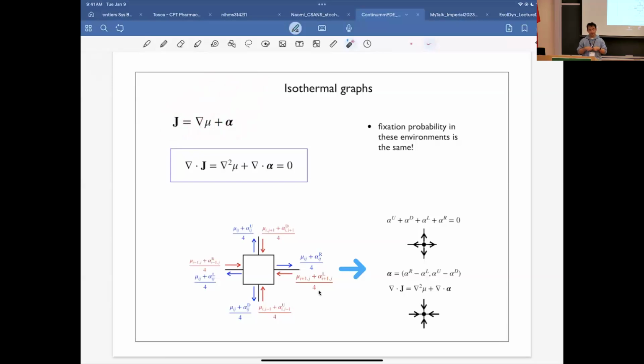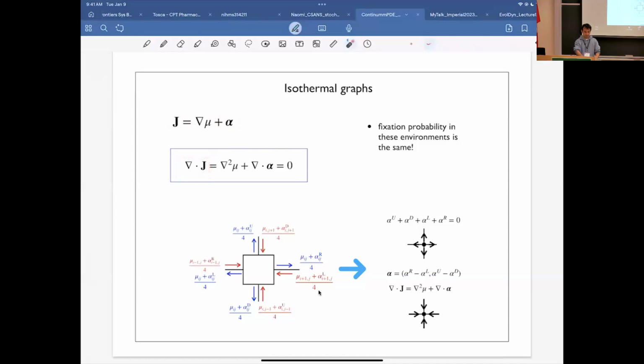At location X, mu of X tells me I'm going to move out with probability mu, and with one minus mu, I'm going to stay there. So the gradient of mu plus this two-dimensional vector would be some sort of migration flow vector that is divergence-less.